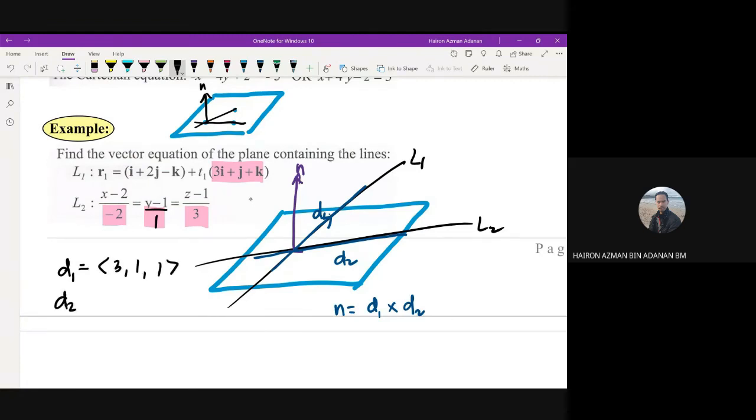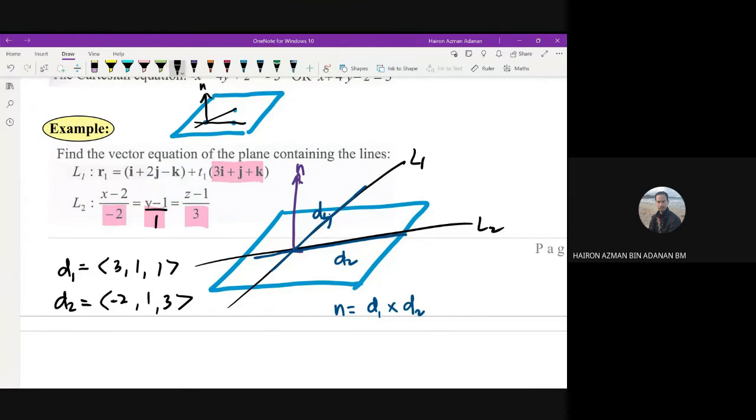D2, that is negative 2, 1, 3. This one I hope you understand how to read the parallel vector to line. That is D ataupun a certain book you are using V. But same thing. Okay, benda yang sama. So you will get vector D1 and D2.